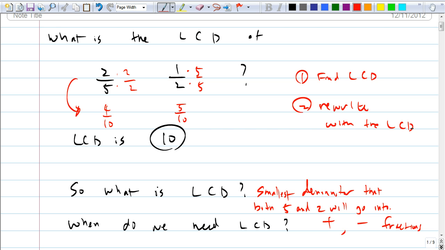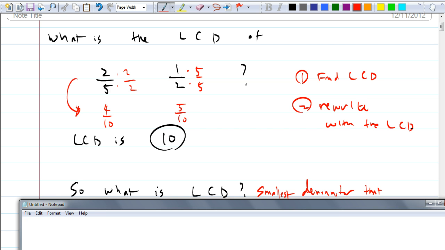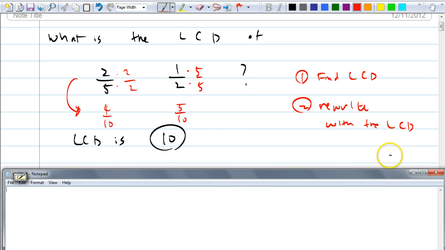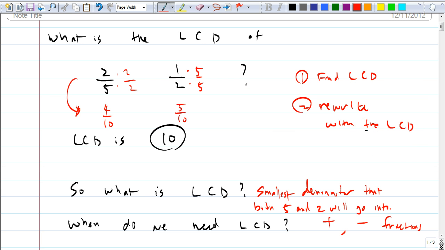That's what we're going to be doing today. Is that okay? On some of your homework, they're just going to ask you to find the LCD. That's it. They're not even going to ask you to rewrite them with the LCD. But some of them, they will ask you to rewrite them with the LCD. Do you see where we're going with this?